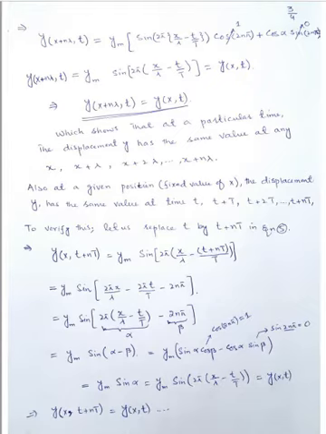So to verify this mathematically, let us look at the relation y(x, t) and now replace the time coordinate t with t plus nT, capital T. So this is ym sine of 2π into x/λ minus, instead of t you have to write t plus nT.